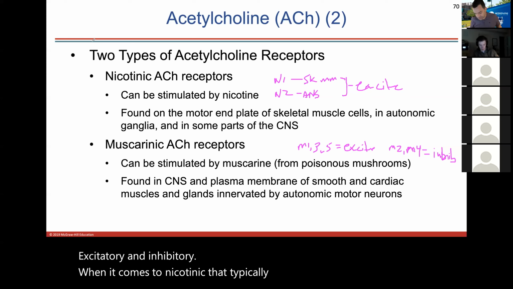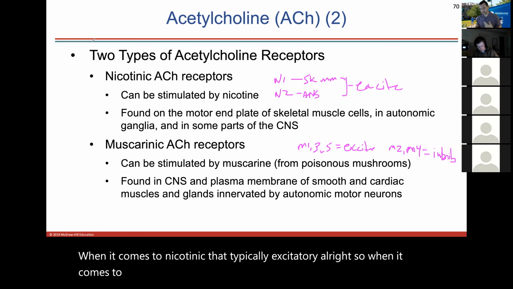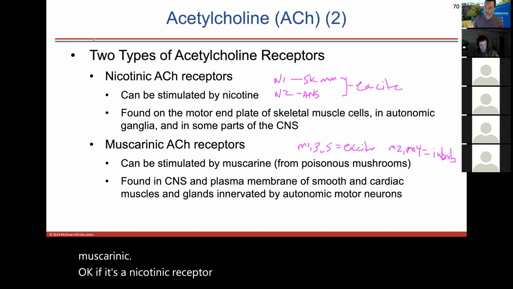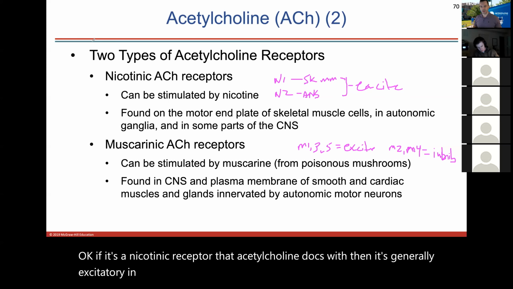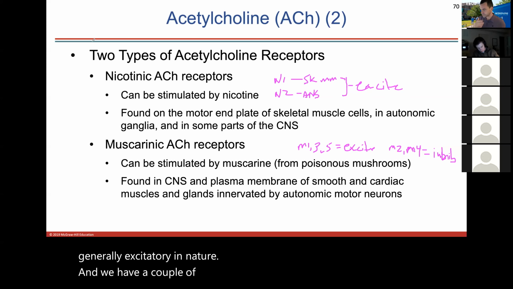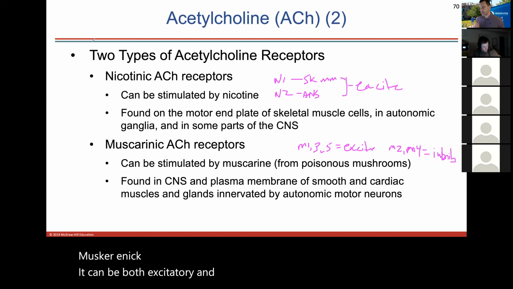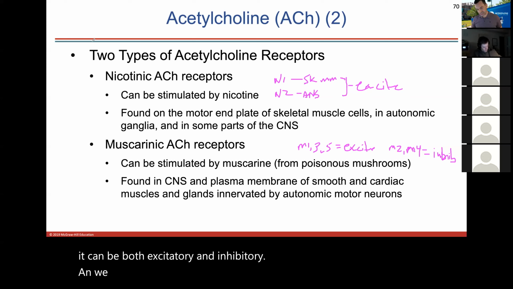So when it comes to acetylcholine, it depends upon the receptor it docks with, nicotinic or muscarinic. If it's a nicotinic receptor that acetylcholine docks with, then it's generally excitatory in nature. And we have a couple different types. Muscarinic, it can be both excitatory and inhibitory. And we have a lot of digestive system and we have a lot of brain.